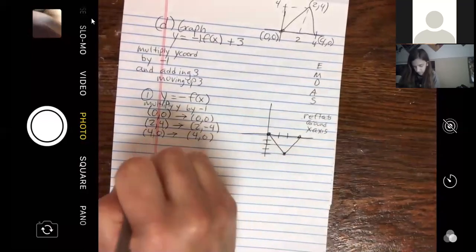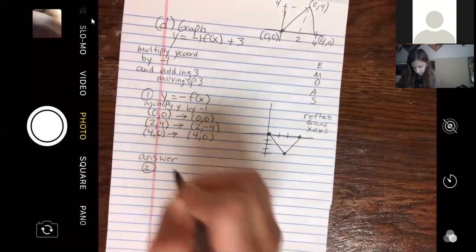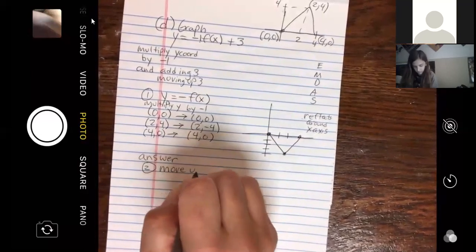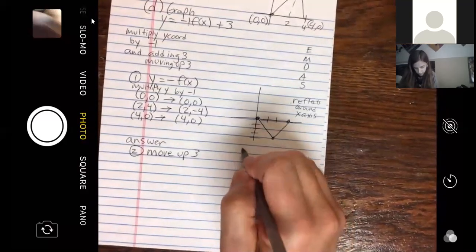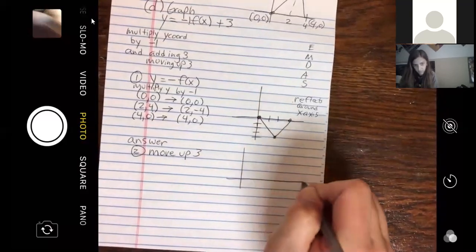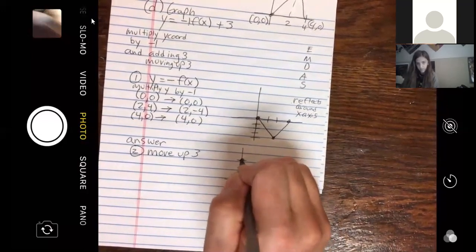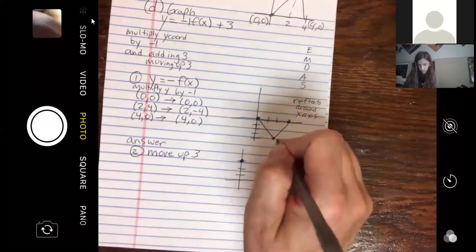Now to get my answer, step 2, move up 3. So that will take this origin point up 1, 2, 3. This point's at negative 4.